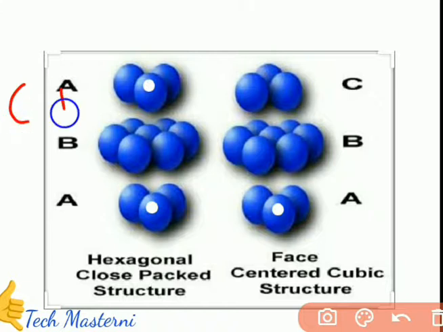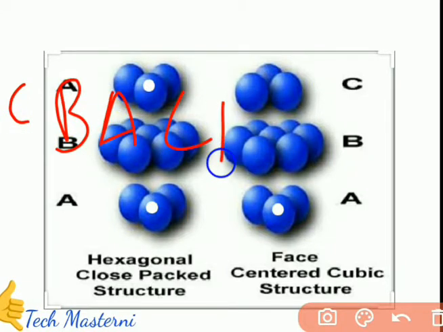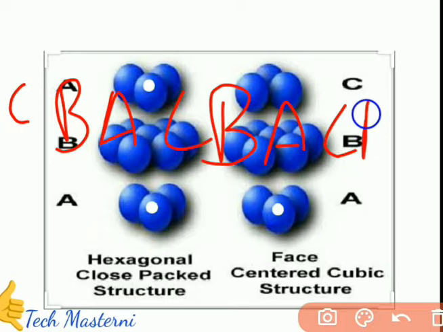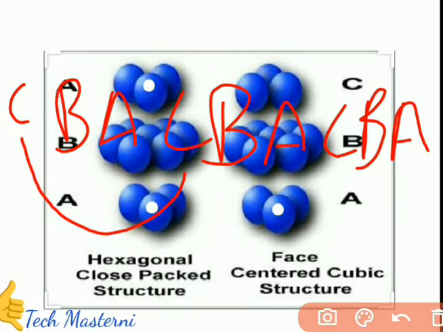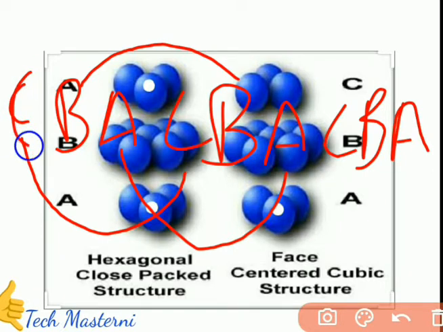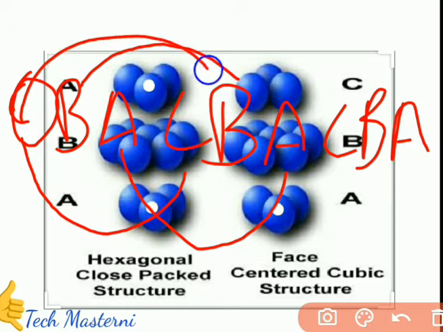We have C, B, A, C, B, A, C, B, A. So C will come after two different atoms, B and A. Also B will come after two different atoms, A and C. Again A will come after two different atoms, C and B. So you can see here each type of atom will come after two different atoms. So this is what we call CCP. Hope you have understood it.